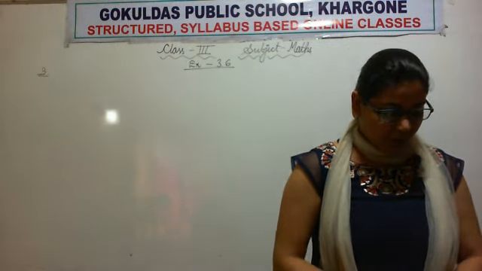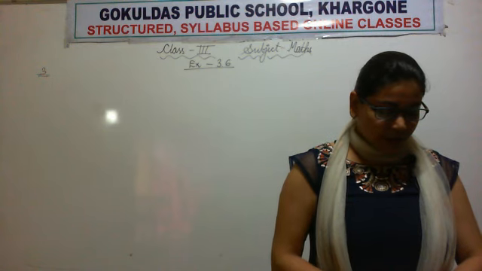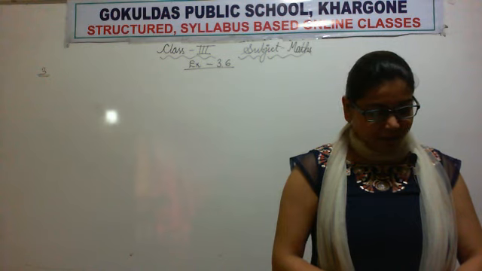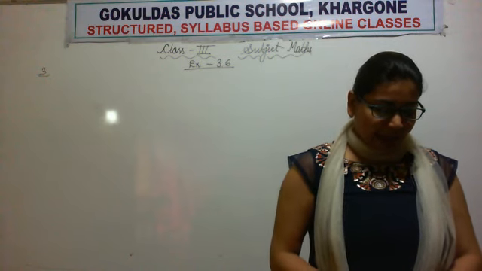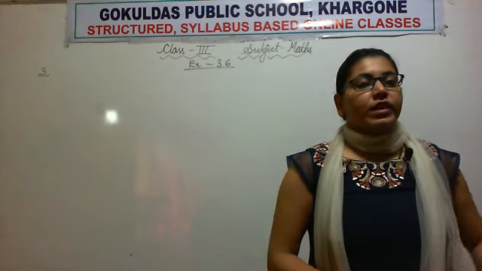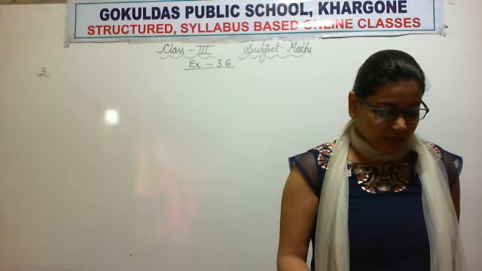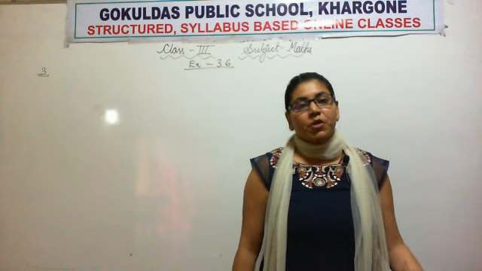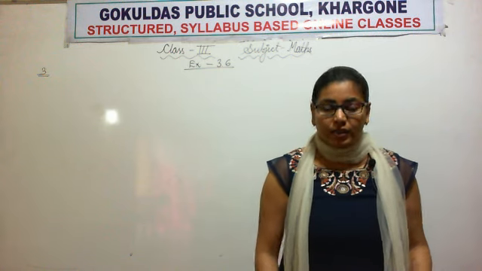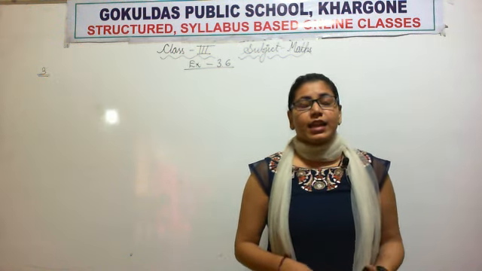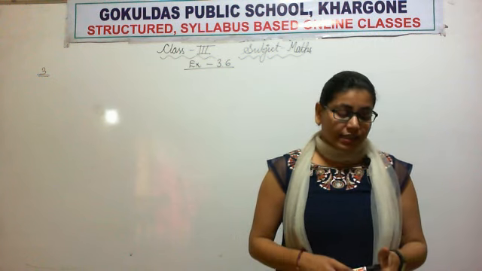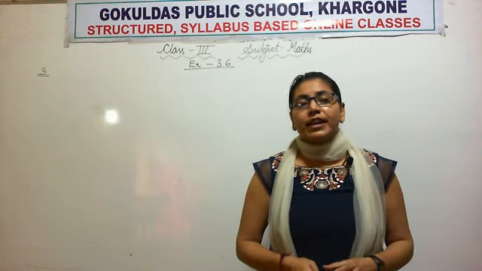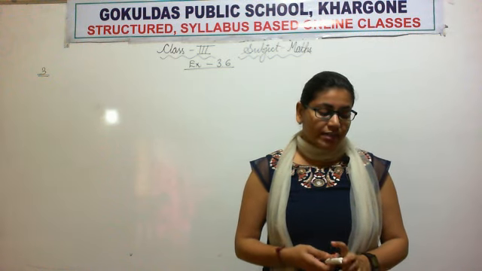Okay students? Now, solve the addition subtraction problems. First, calculate the estimated sum and difference. Then calculate the actual sum and difference. The question is asking us to solve some word problems. They might be of addition and they might be of subtraction. We are very much familiar now with estimated sum and difference.